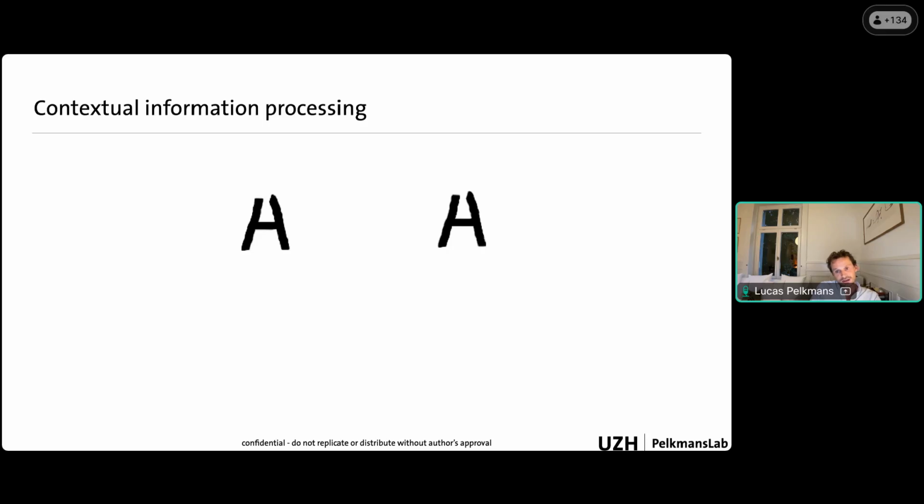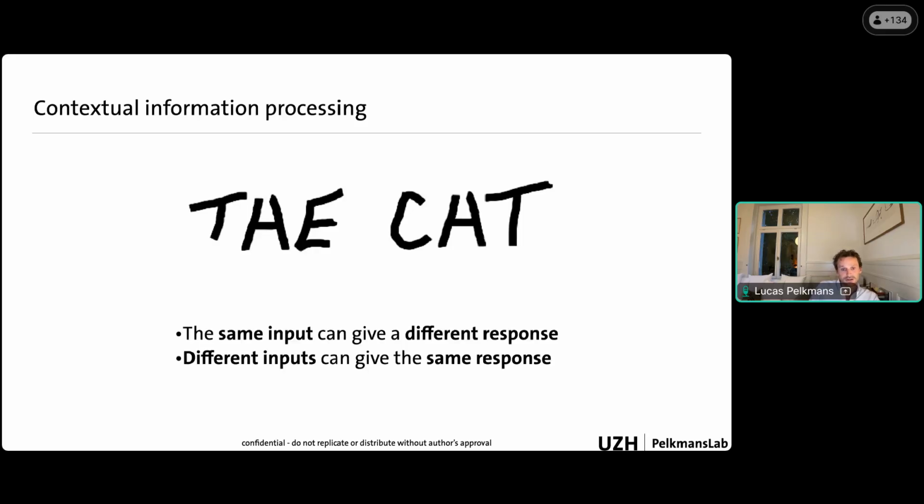When you look at this slide, you see two identical objects or symbols. But if I show it to you in this context, you will very likely read one symbol differently from the other symbol. This is, of course, a perception generated by our brain, by a multicellular network, and that allows the same input to give a different response, but also it can sometimes allow different inputs to give the same response.